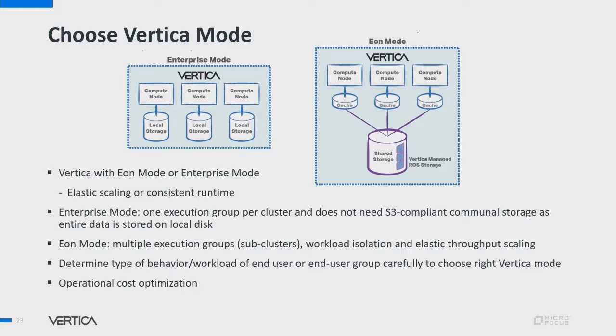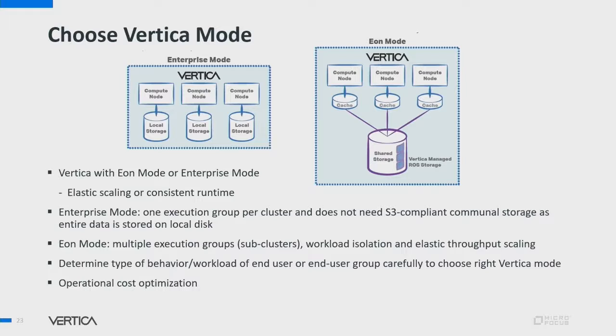So the biggest difference between the two modes is that Eon gives you more flexibility in adding and removing the nodes in your database cluster, enabling dynamic scaling out and scaling in so that you can manage the overall capacity of your Vertica cluster.